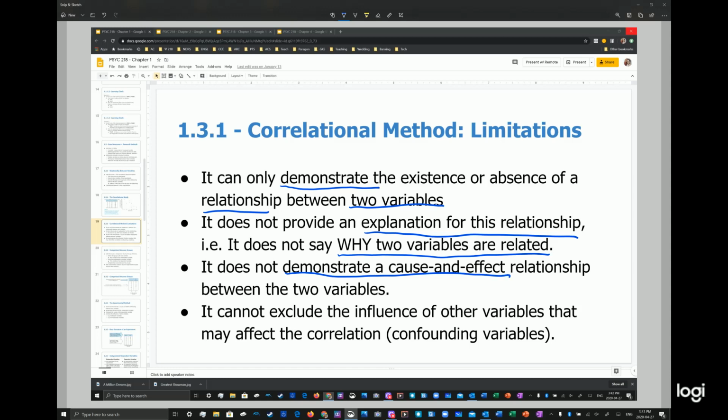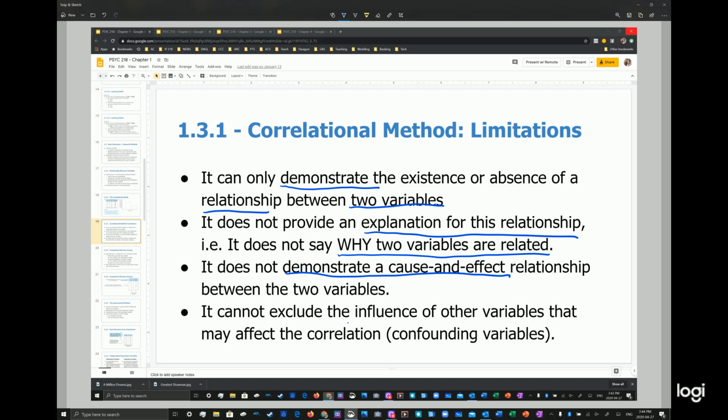We haven't actually changed for the same people, like make them sleep more or less and see if they do better or worse. We only measure them in a moment in time, like a snapshot, taking a picture of somebody, but we haven't actually asked them to do anything. We only ask them how much they slept or how much they spend waking up and what their GPA is at that time.